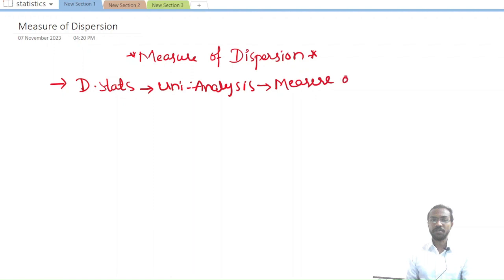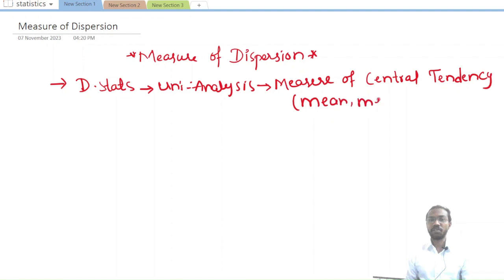We went in depth through mean, median, mode concepts with examples. Now, is that the only way for doing univariate analysis, the measure of central tendency?